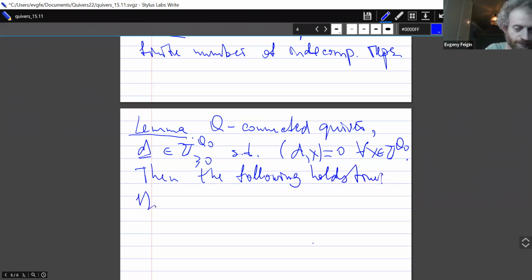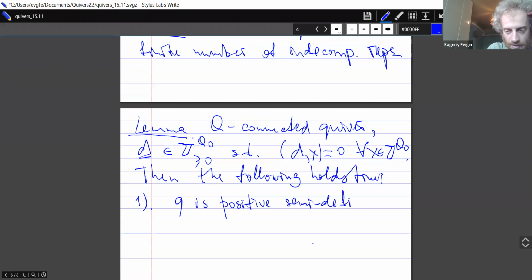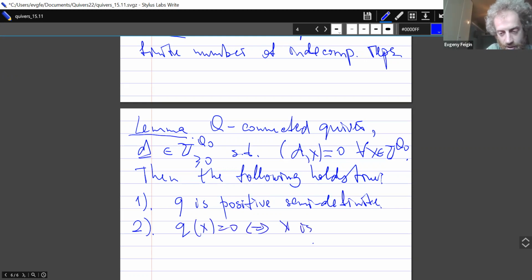First, Q is positive semi-definite. In other words, if you take Q of x, then it can't be negative. Second, Q of x is 0 if and only if x is proportional to d.